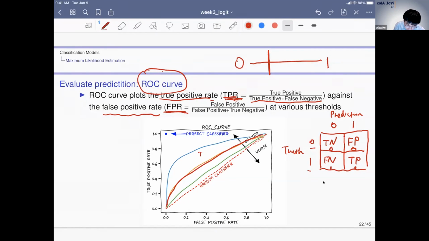Below that threshold, you say it's negative, that the predicted value is 0, and above that threshold, you say it's positive. Then you move this threshold from 0 to 1. So when the threshold is at 0, what happens?